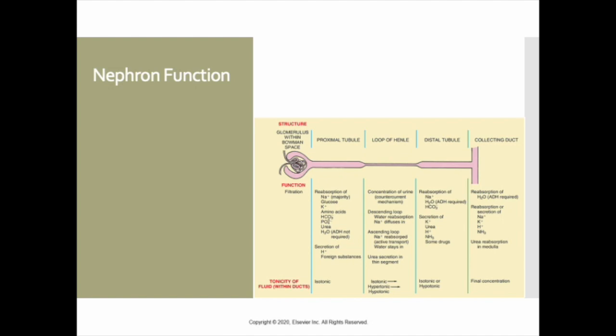Once again, it combines with sodium, but now it's being transported to the peritubular capillary blood, but its form is now sodium bicarbonate buffer. The hydrogen will then combine with the hydroxide ion, and this gets reabsorbed as water.